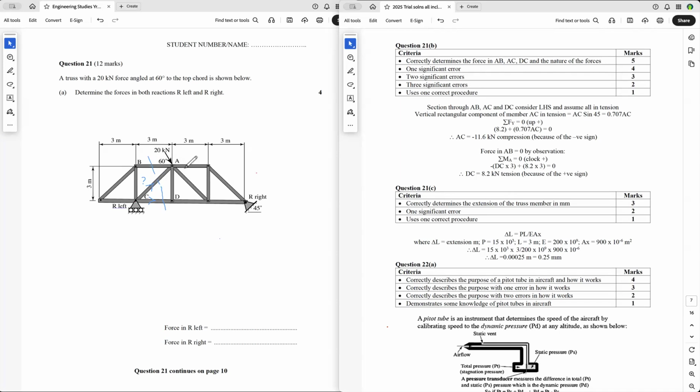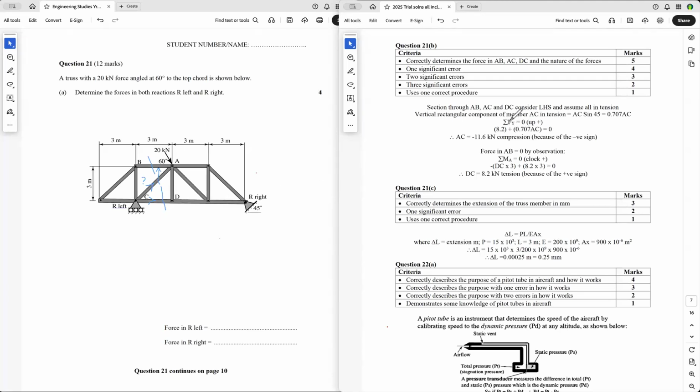When you've got a horizontal top chord and a horizontal bottom chord, you can break this force up into components. If you break it up into a vertical component, that will be AC sine 45 because that angle there is 45. So I've done this over here.